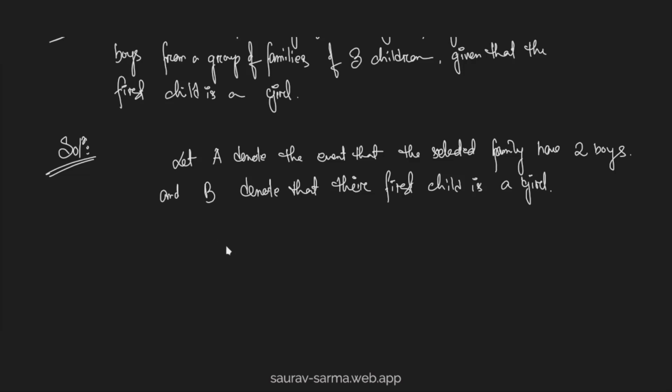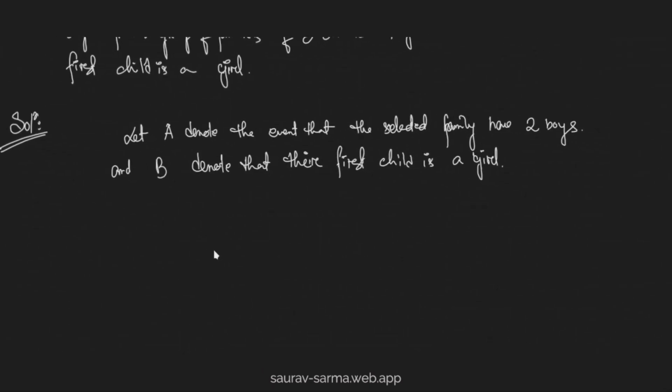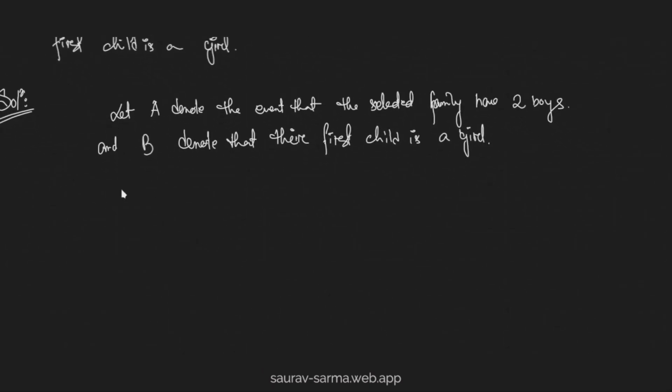Okay, so we have to calculate the probability of 2 boys, provided that the first child is a girl. That means we have to calculate probability A given B.